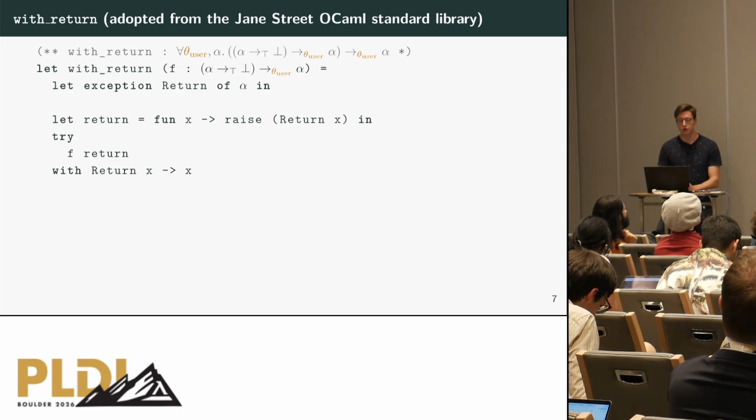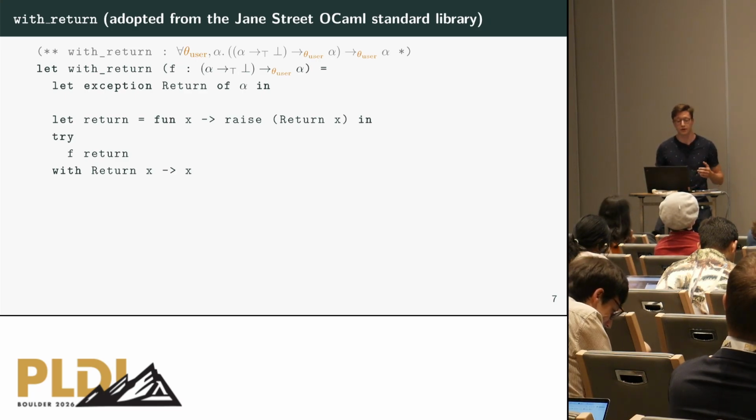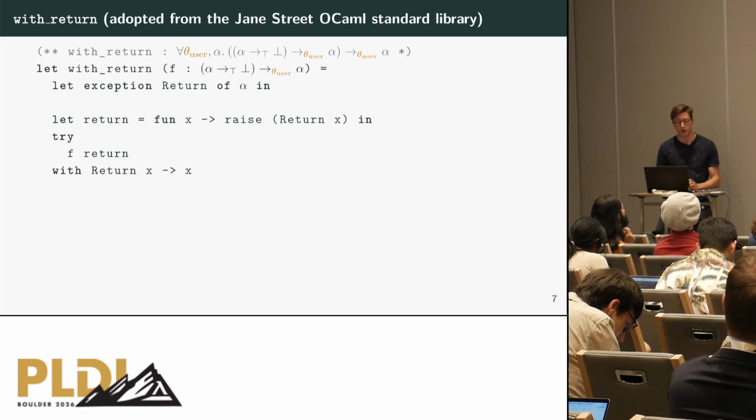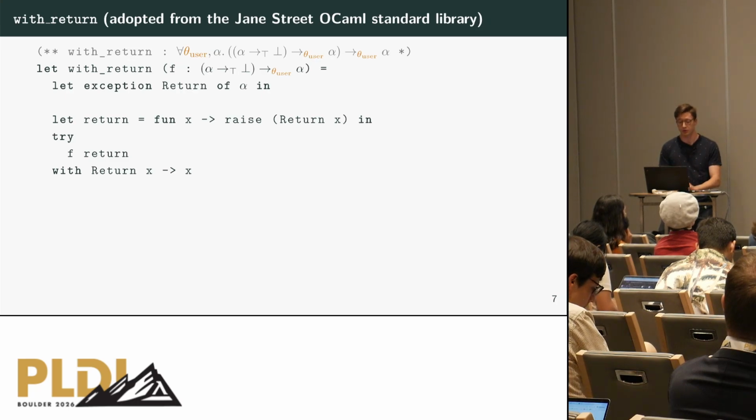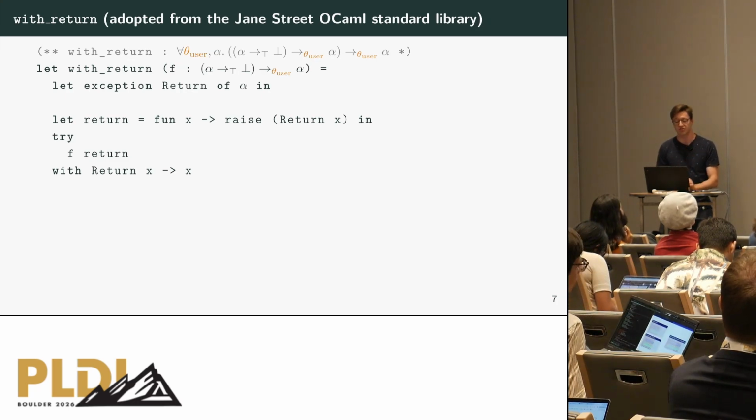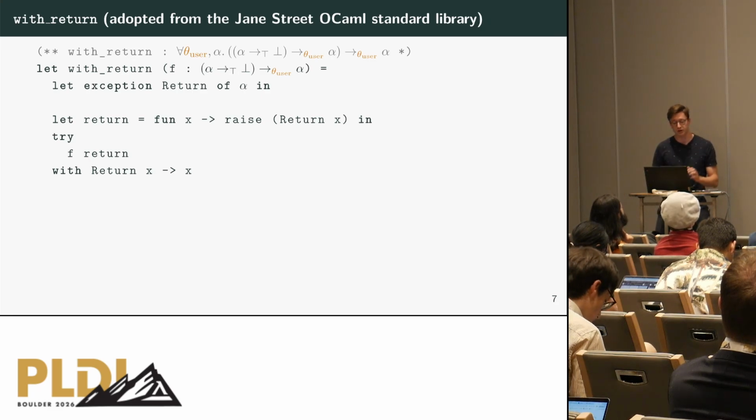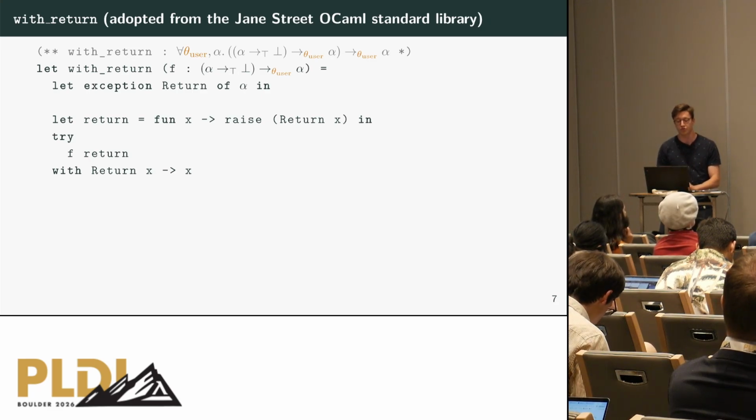But now this is a problem because in the closure, you can see that the user is only allowed to throw exceptions in theta user, while internally the return function that they have been given makes use of an exception. And the bigger problem here is that the user does not even know which is the label of this exception, because it's only declared in the scope of this with return function.